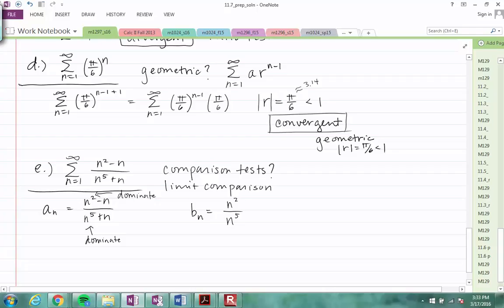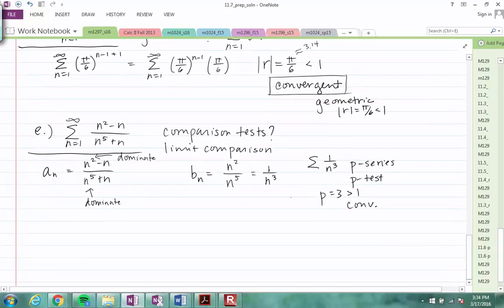It's the same game, but you can't just ignore a factor of n, for example. So that reduces down to 1 over n cubed. And when we have the sum of 1 over n cubed, what we have there is a p-series, for which we can use the p-test on the formula sheet, where p in this case is 3, and since 3 is greater than 1, we have a convergent series here.